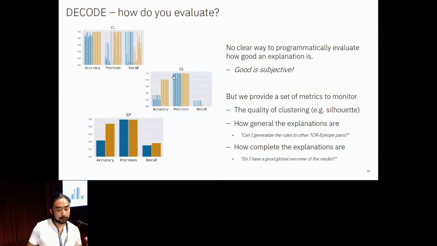The two main things they try to measure are how general the explanations are, so how the knowledge that you get out of the pipeline is transferable to another data set, for example, or to some other samples, and how complete the explanations are. So basically how comprehensive this set of rules that you extract is in summarizing your model.